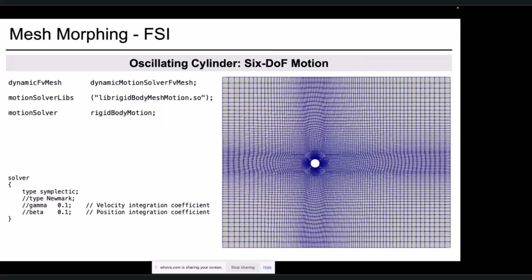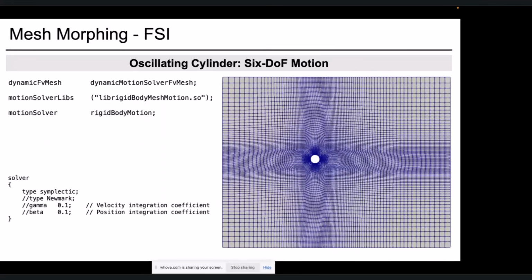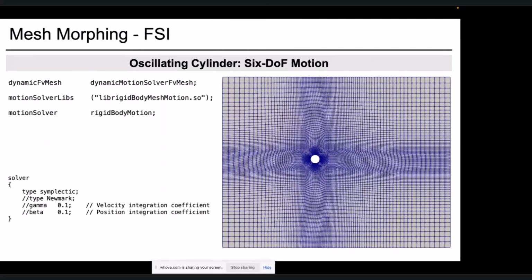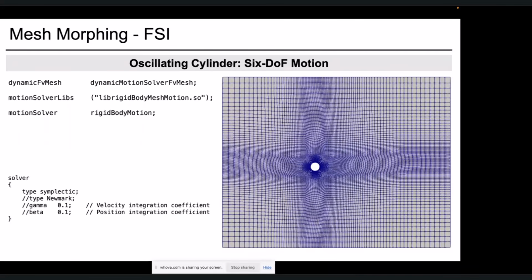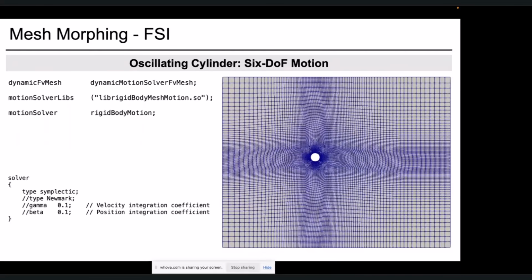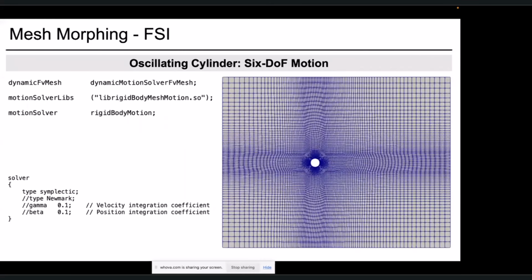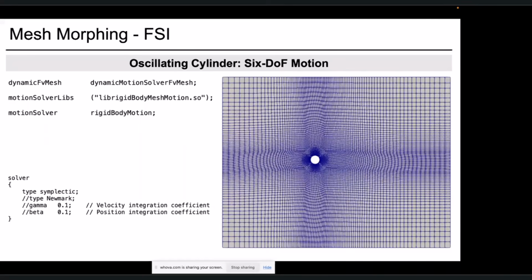In that case, we have to use the rigid body mesh motion solver, which has the librigidBodyMeshMotion.so library file. And because this is a two-way coupled phenomenon, along with the flow solver, we also need a structural solver which solves the governing equation of the structure.